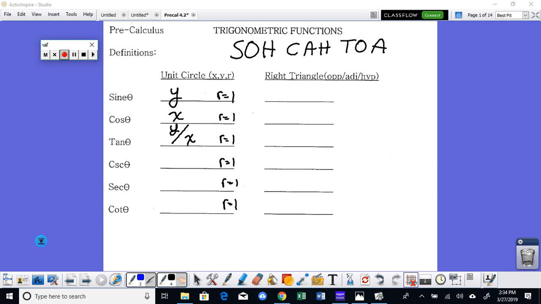There are 3 base functions. Now, this is what I call counterintuitive, but sine and cosecant go together. Cosine and secant. The first letters switch. I want them to be the same, so that's why I call it counterintuitive. All right, cosecant goes with sine. Sine is y. Cosecant is 1 over y.